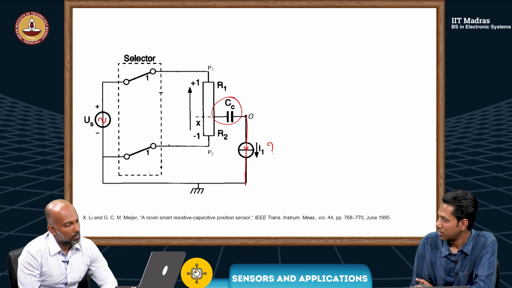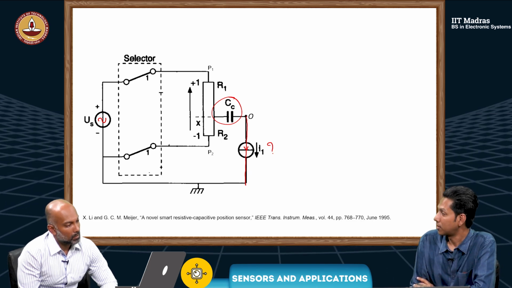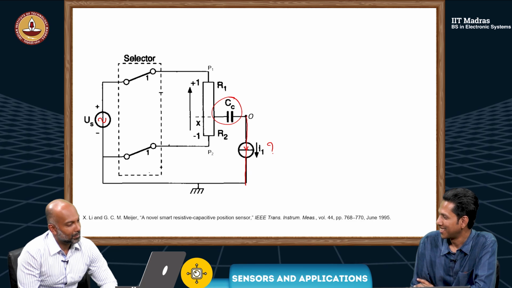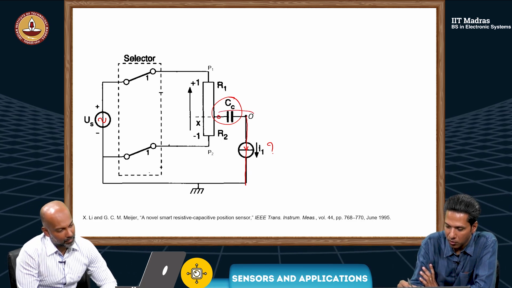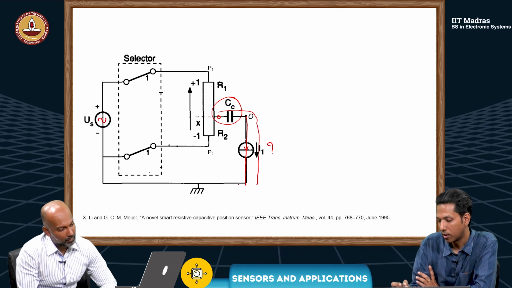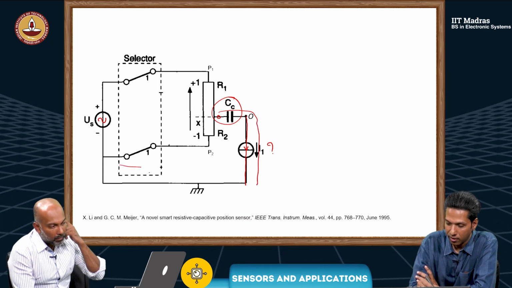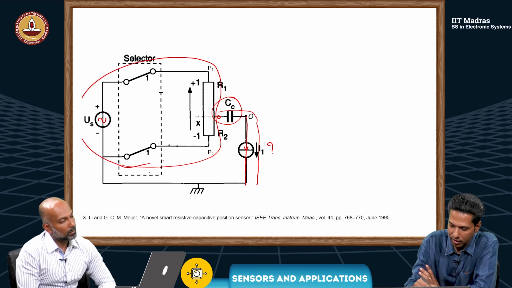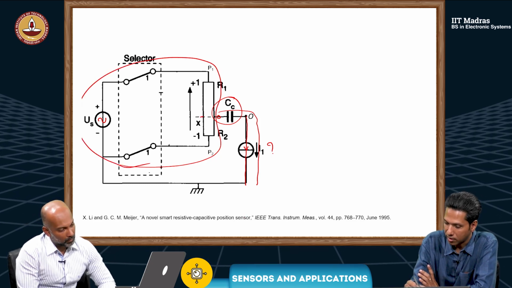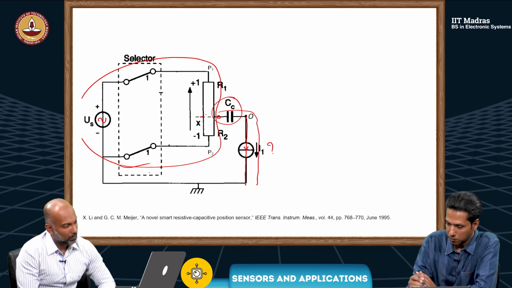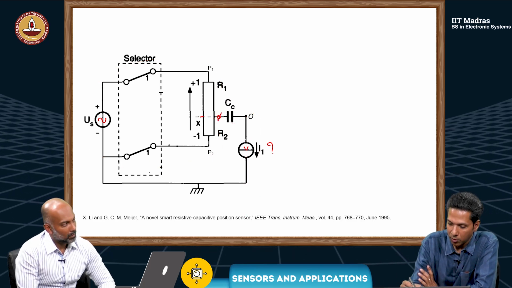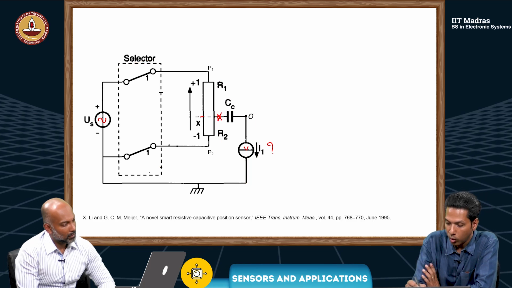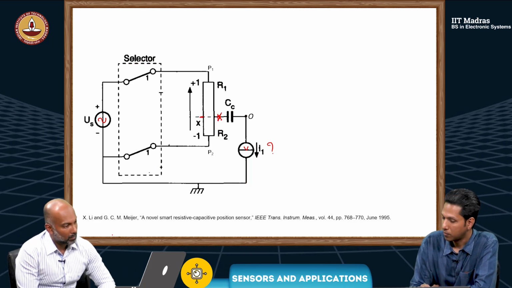It's not straightforward. Maybe I have to use something we have learned in the previous course. I will take this as a load, from here to here. And I will Thevenize this circuit, keeping this as the output point. So I will open circuit here and look at the voltage here.